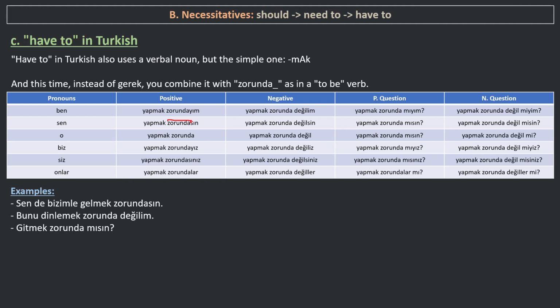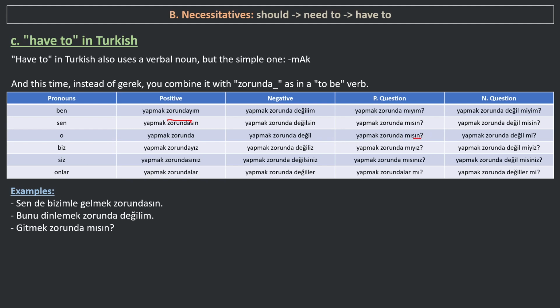I'm not going to go over all of the table. When I give the PDF after the lesson, you can check it yourself. You can observe it in more detail. Let me check. Is the third person singular positive question correct? Sen yapmak... No, not correct.